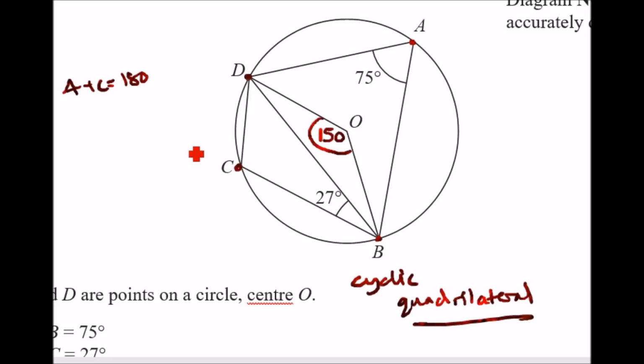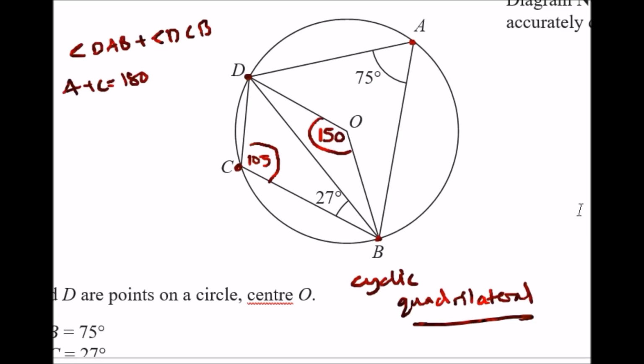So I should really call it angle DAB plus angle DCB equals 180. This is 75. To make 180, we need an extra 105. So 105. Okay, almost there.